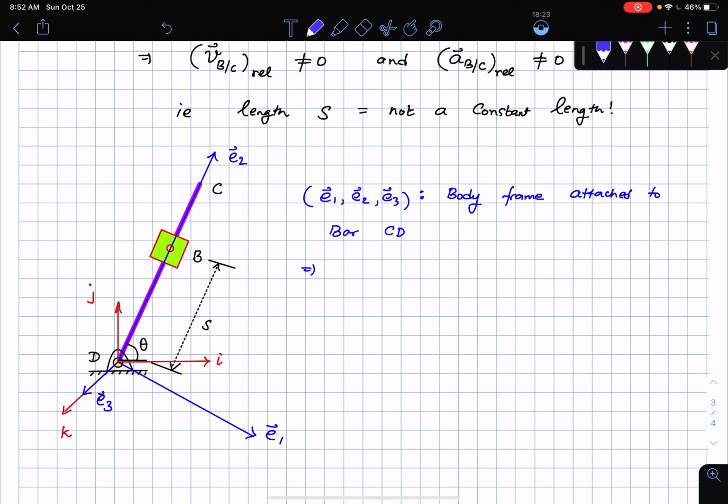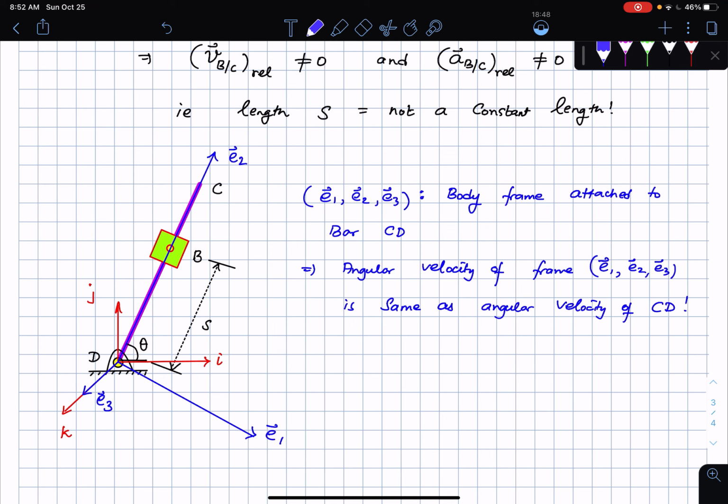This implies that the angular velocity of the frame E1, E2, E3 is the same as the angular velocity of the bar CD, because this is a body frame. This is important here.